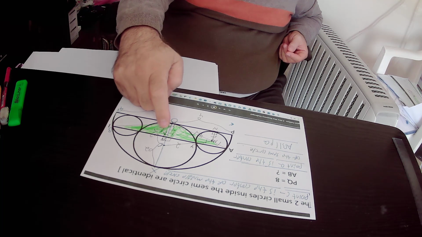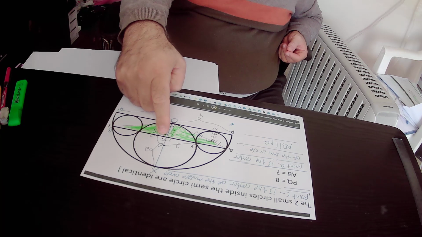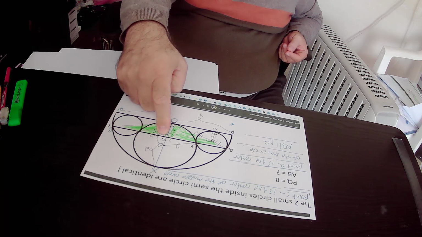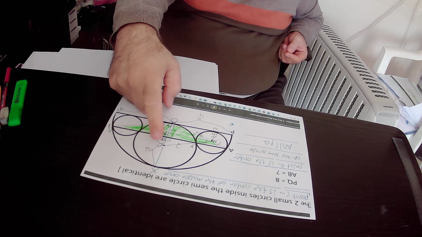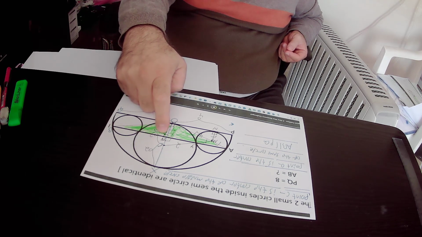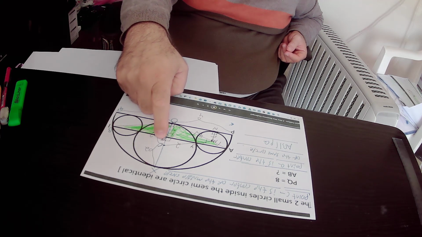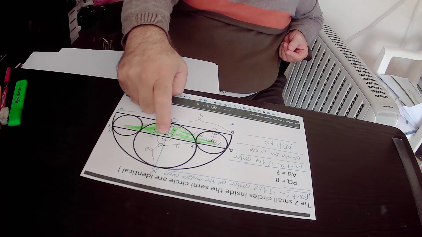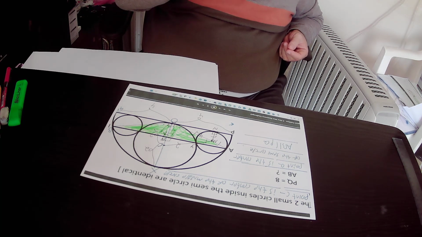So if we focus at point E, the sum of the angles at point E on this side of the straight line OX must be equal to 180 degrees. We have already found out that this angle is 90 degrees plus this angle. The sum of those two angles must be equal to 180 degrees according to the rule that I mentioned.